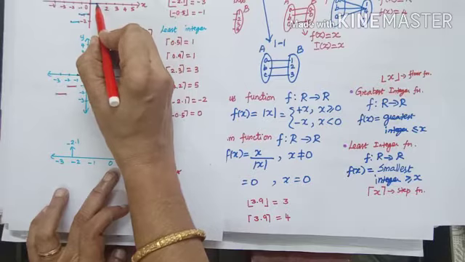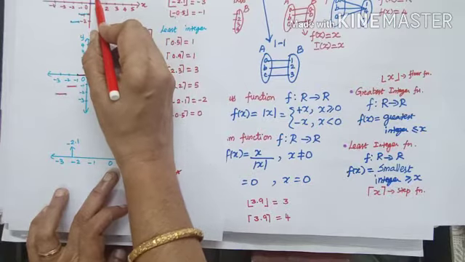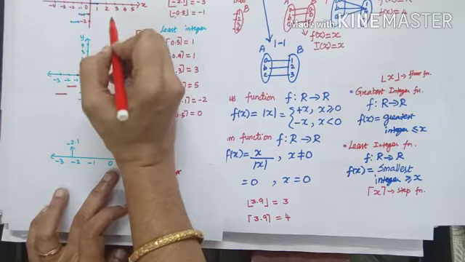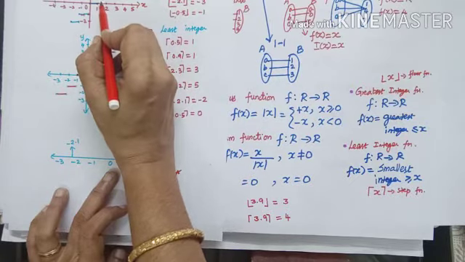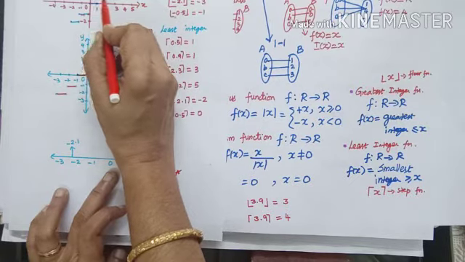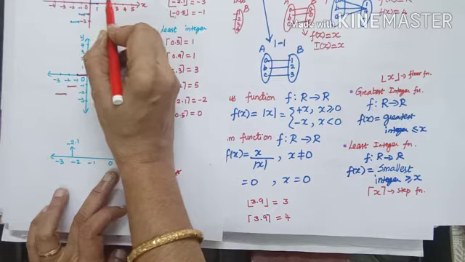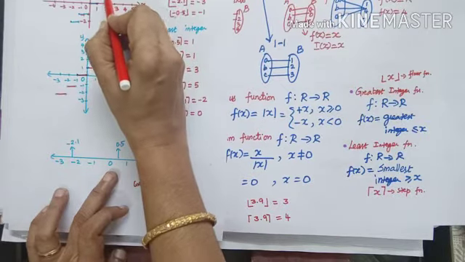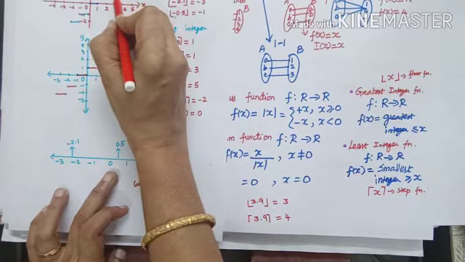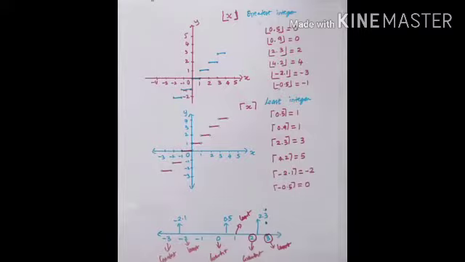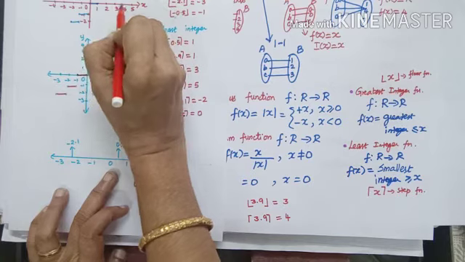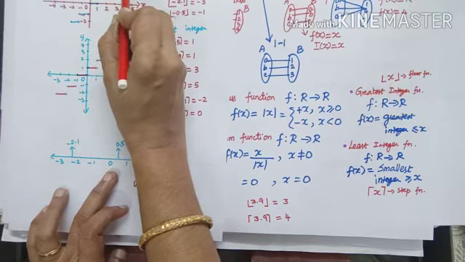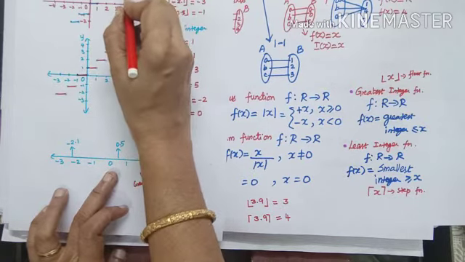Once I reach 1, it is 1. Then 1.1, 1.2, 1.3 all come under 1 only. 2.1, 2.2 all come under 2 only. Once I cross 3, my answer is only 3. Once I cross 4, my answer is only 4.